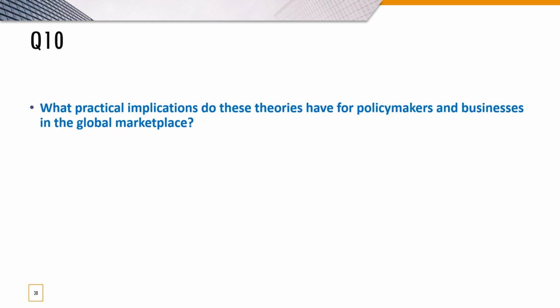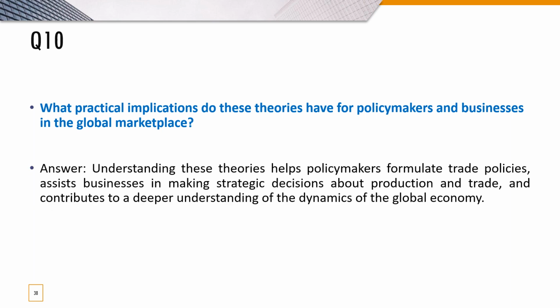What practical implications do these theories have for policymakers and businesses in the global marketplace? Understanding these theories helps policymakers formulate trade policies, assist businesses in making strategic decisions about production and trade, and contributes to a deeper understanding of the dynamics of the global economy.